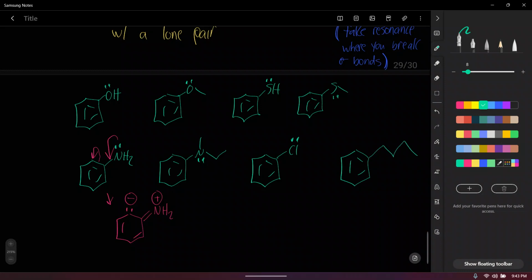Hyperconjugation basically means this is not an actual valid resonance structure, but you can imagine that I go like this. I'm going to put these in quotation marks because it's not real, but I would get sort of a fake resonance structure that looks like this.